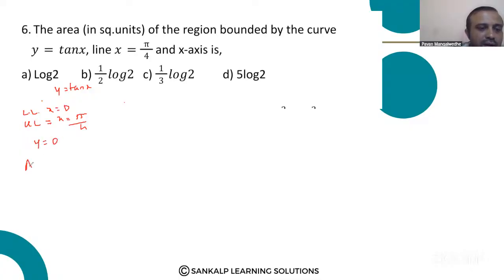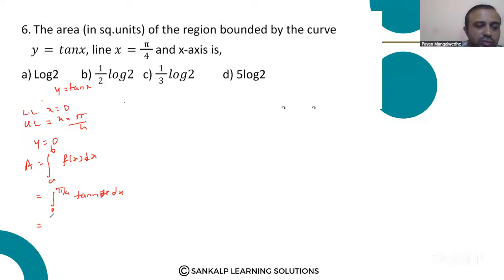So area A is given by the integration from a to b of f of x dx, which is equals to the integral from 0 to pi by 4 of tan x dx.